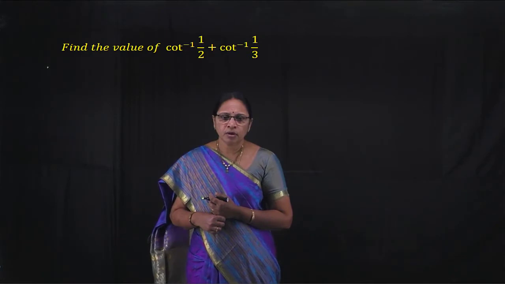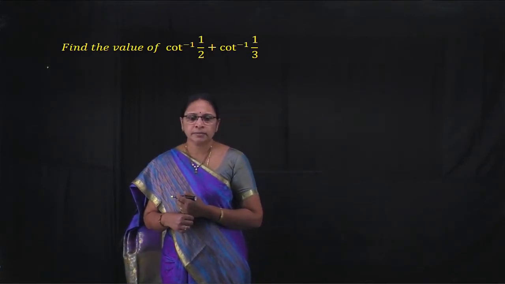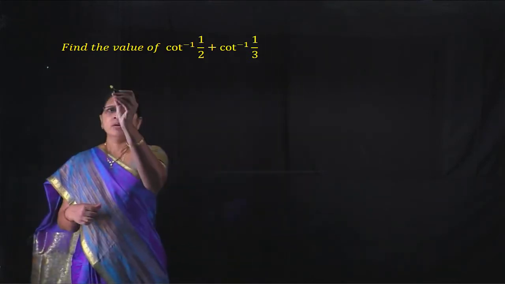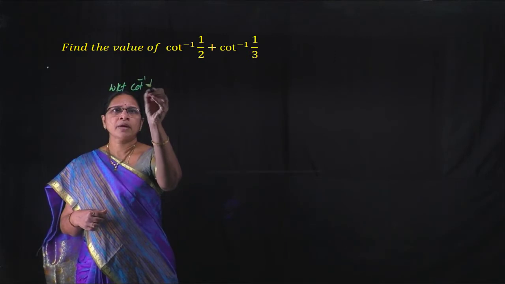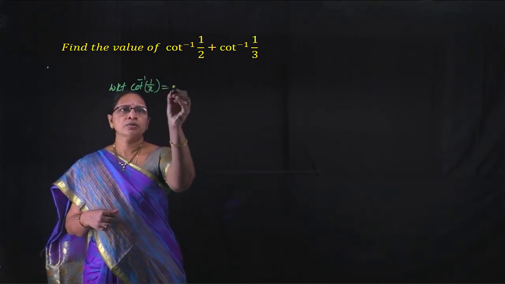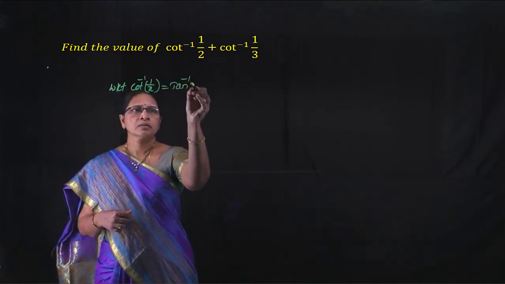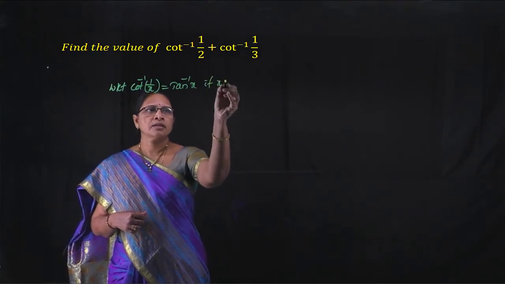See the next problem. Find the value of cot inverse 1 by 2 plus cot inverse 1 by 3. We know that cot inverse 1 by x equals tan inverse x if x is greater than 0.